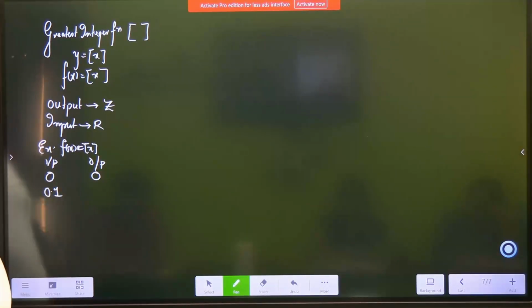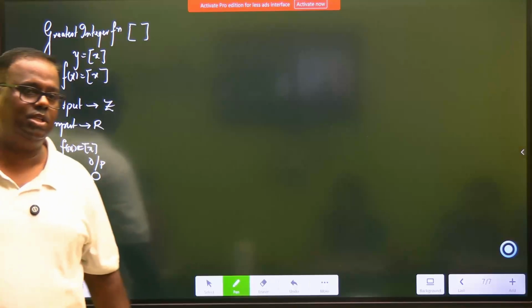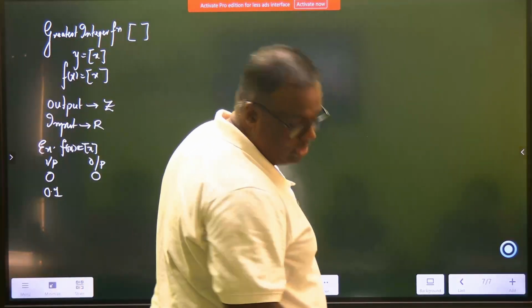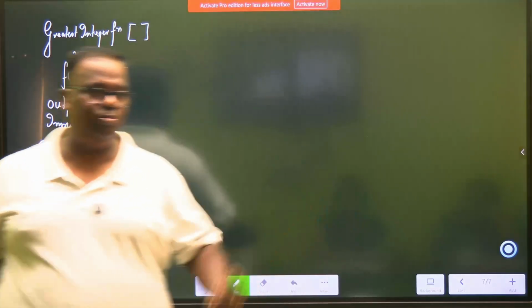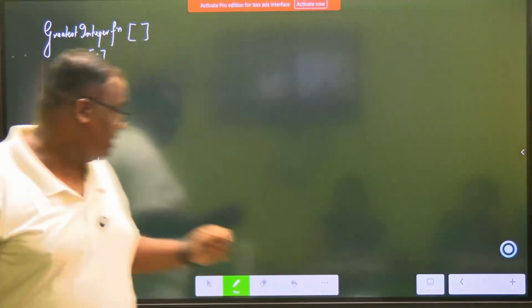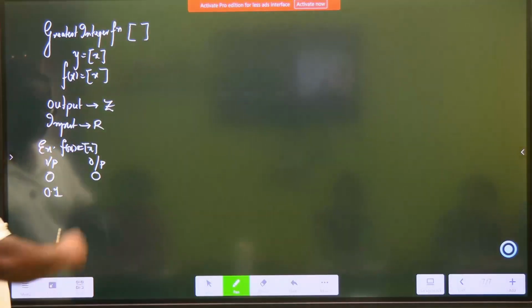0.1. The greatest integer between 0 and 1 is... So what should it put? The greatest integer. It will give how much? 0.